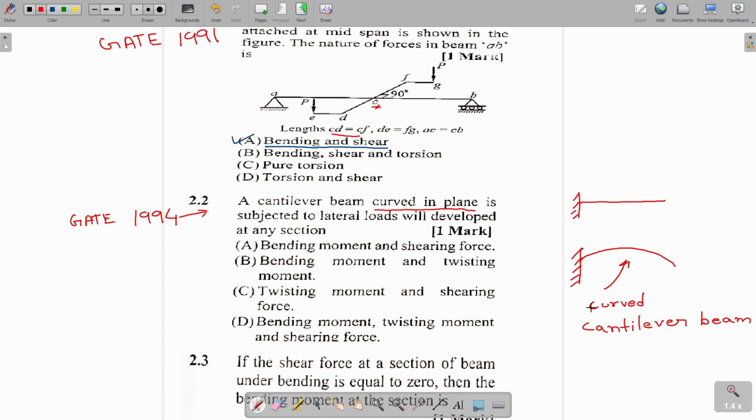This is a curved cantilever beam. It is asking what will be the nature of forces acting, and the loading is lateral load. That is, loads are acting like this. These are lateral loads.